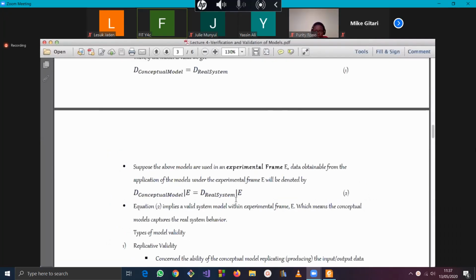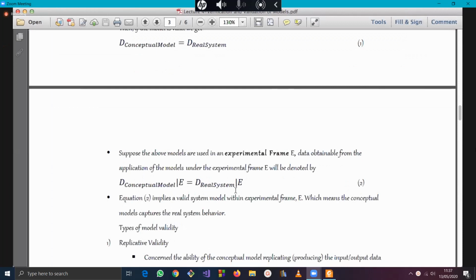So with that experimental framework, we are saying that the performance of the conceptual model, the system that you have designed, should be the same as that of the real environment. That is the aspiration of any model.